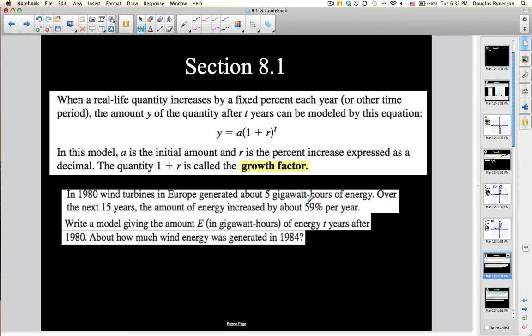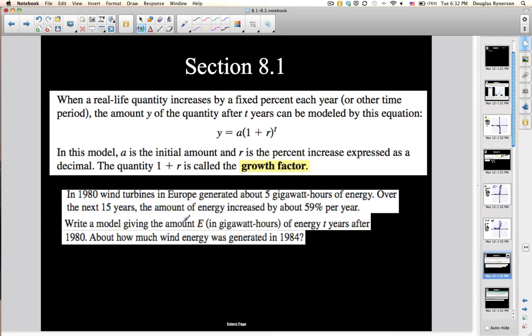Now make sure, when you write a percentage, really that's another way of expressing a decimal. When you put the percentage into this model, you must put it in as a decimal, not as a percentage. So I'm going to put in 0.59 when I write this out.